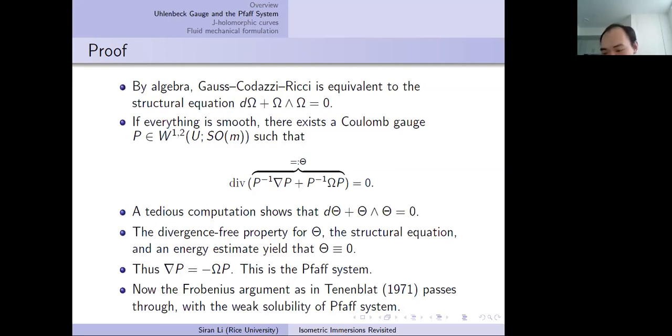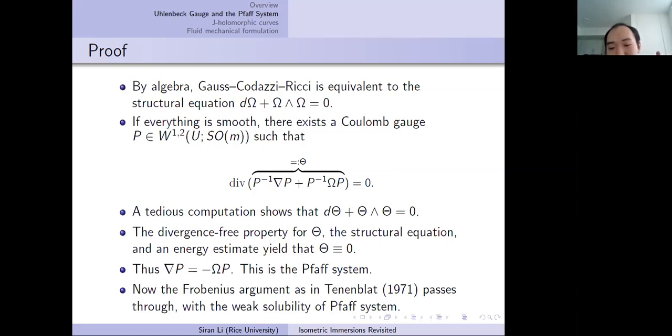Of course, we need to equip that with the correct boundary conditions and initial data, but this can be done. So if I have that, then P^{-1}∇P + P^{-1}ωP = 0. Since P is invertible, ∇P = −ωP. And this is the so-called Pfaff system.